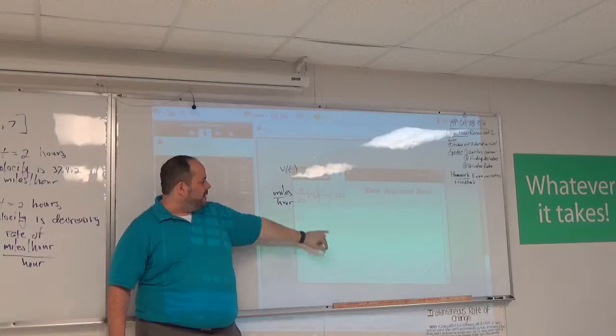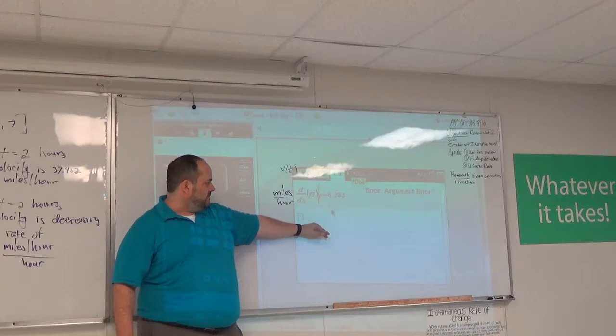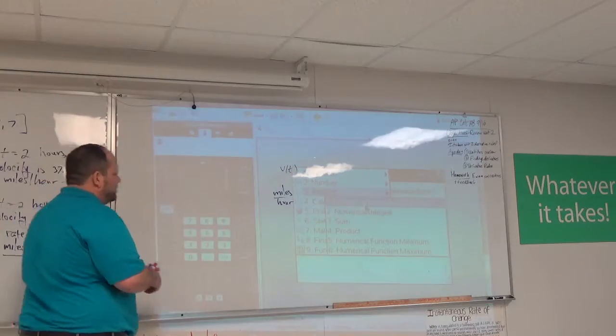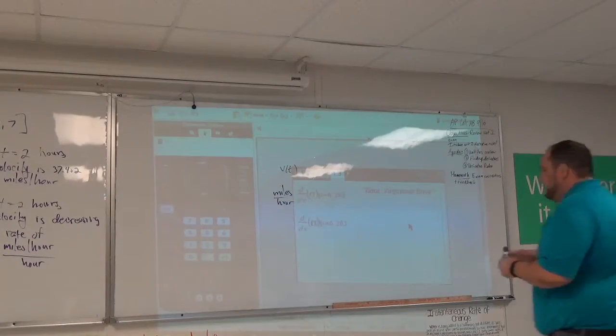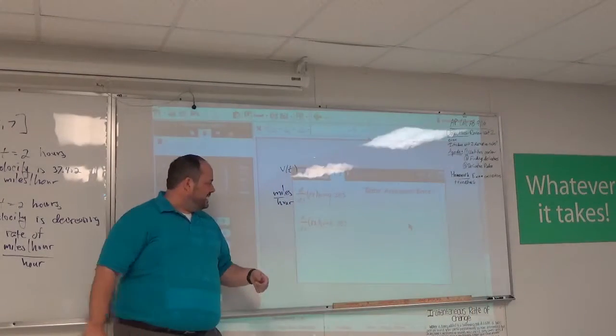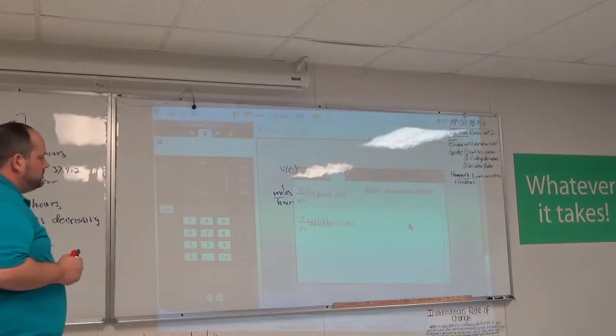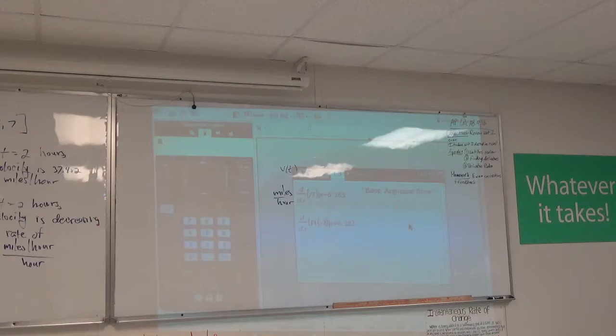Okay, Aaron, arrow up so it highlights and hit enter. It's like the copy paste feature on your computer. So open parentheses, x, close parentheses. Enter.